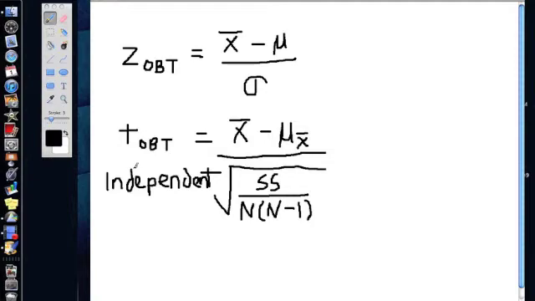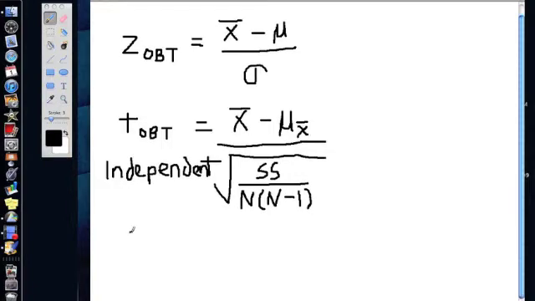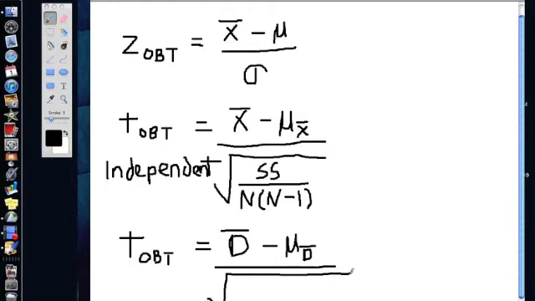A t-test for paired samples is the same thing as the t-test for independent samples, except all the x's are replaced with d's, which stands for difference. So here we have t obtained equals d bar minus mu sub d bar all over the square root of sums of squares. Oh, looks like it's not going to fit, but trust me, it's the same thing. Sums of squared sub d over n times n minus 1.